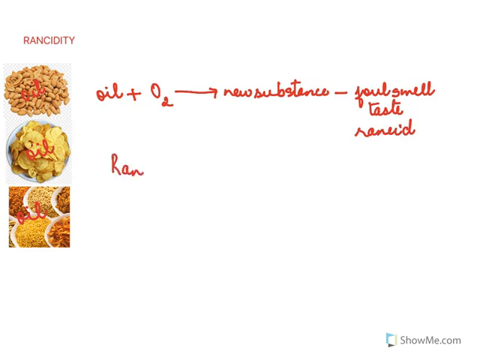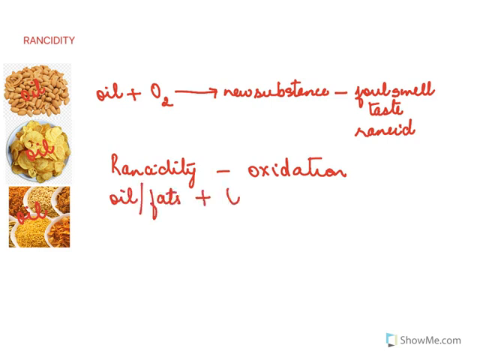So rancidity is a kind of oxidation, a kind of combination with oxygen. The oil or the fats in the food combine with oxygen and thus they become rancid.